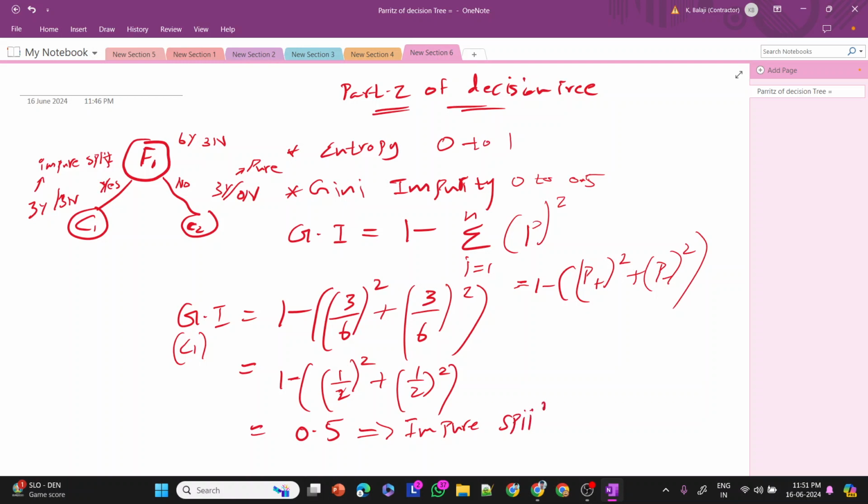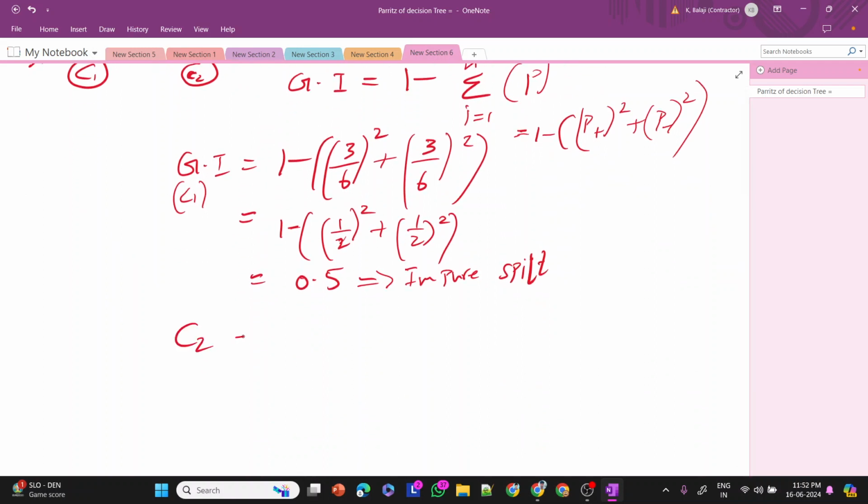Yes, it is a correct answer, because here yes is 3 and no is 3, so it is an impure split. Let's apply this formula for C2.